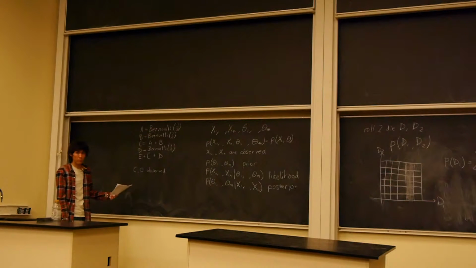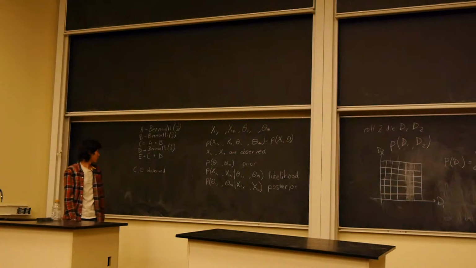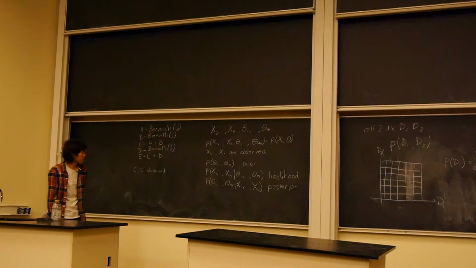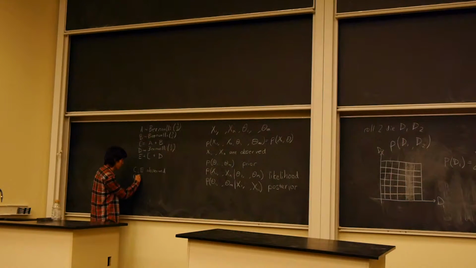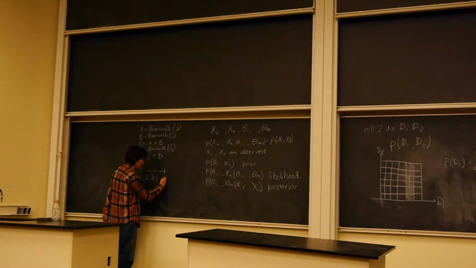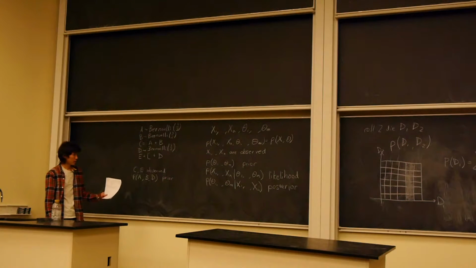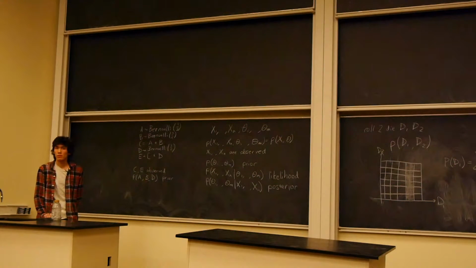And what's the prior? Yeah, so A and B and D is your prior probability, right? What's my likelihood? Someone else?